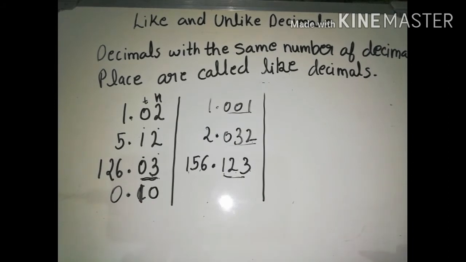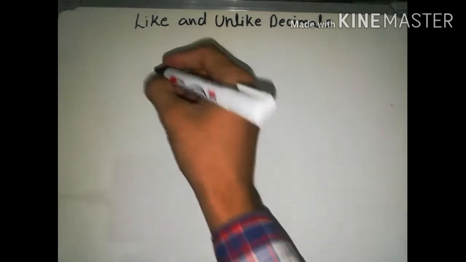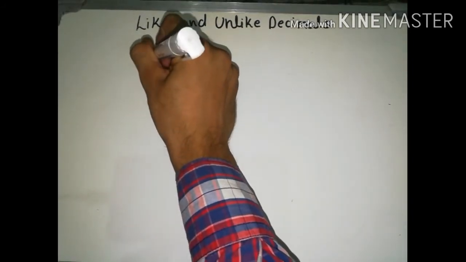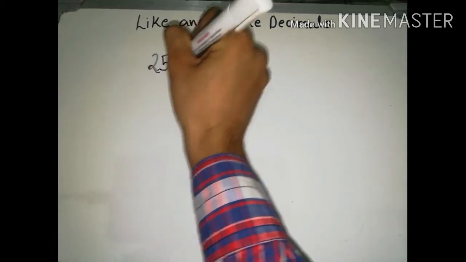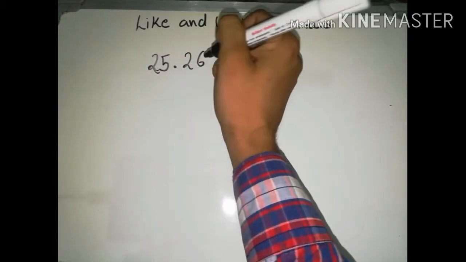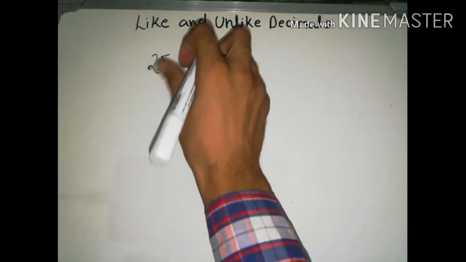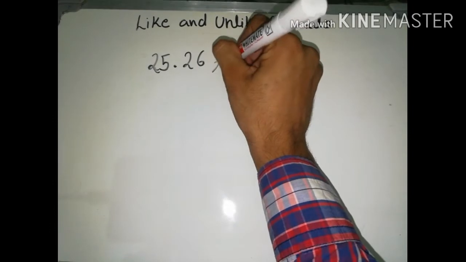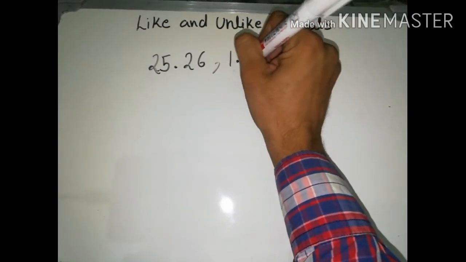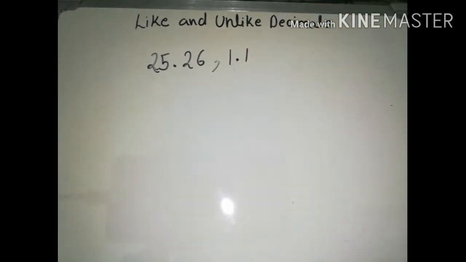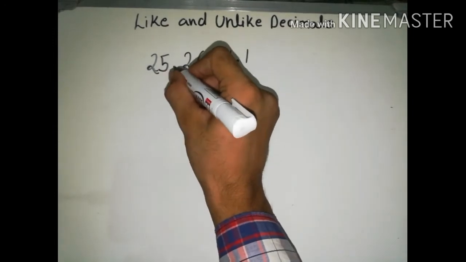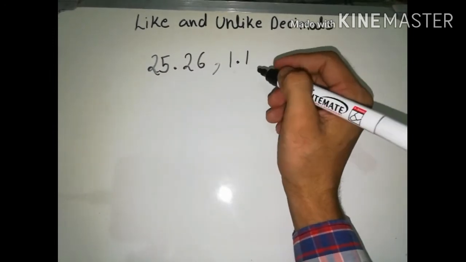So now we will understand with an example. We have two decimal numbers, 25.26 and 1.1. We have two decimals but they are unlike decimals because there are two digits after the decimal and there is only one digit.